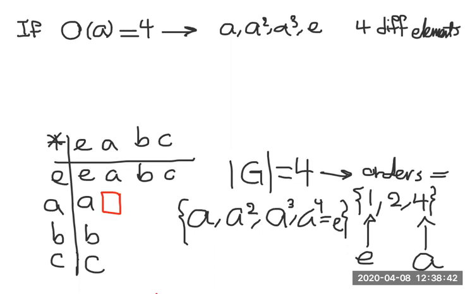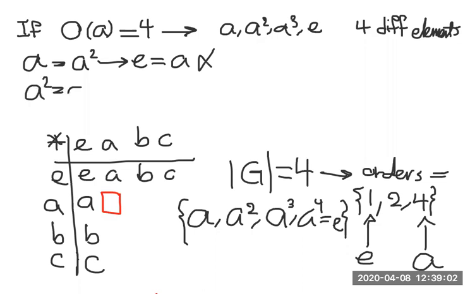Why? Let's say 2 of them are equal. What will happen if A is equal to, say, A squared? I can multiply both of them by A inverse. I would get E equals A, but E is not A, so it doesn't make sense. Or if A squared equals A cubed, I can multiply them by A inverse 2 times.